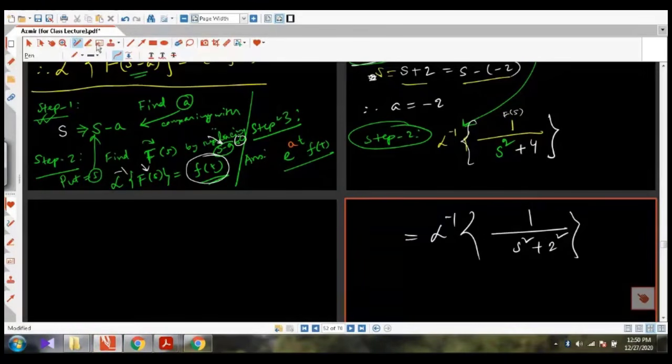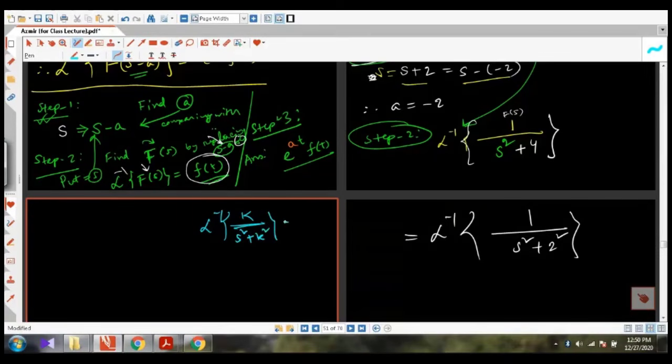We know the formula. The formula says inverse Laplace of k over s squared plus k squared will be sine kt. So compare with this formula. Do we need any rearrangement?